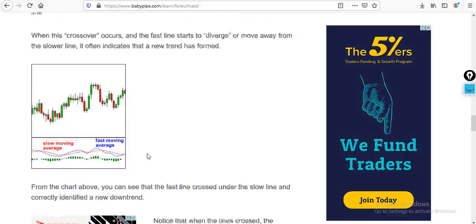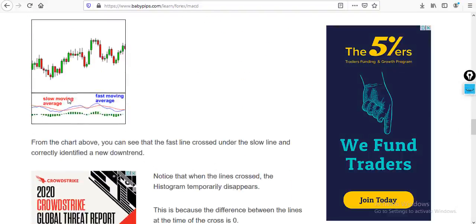So let's look at some examples here. Look at this blue and the red line. The red line is the slower MACD, while the blue line is the faster MACD. And in this example, when you see the crossover here and the crossover here, what happens? The histograms are almost blank because of the crossovers.